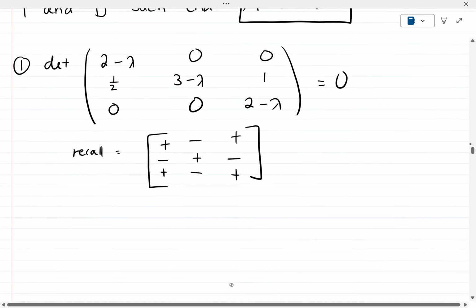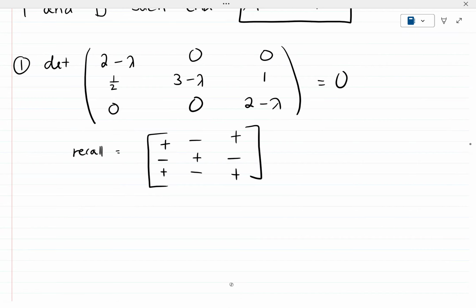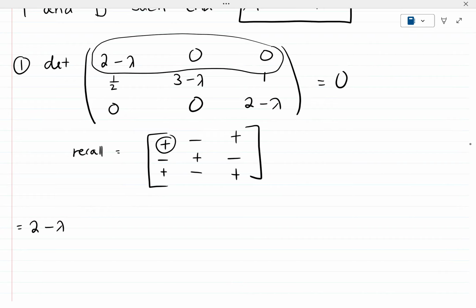Okay, so now you can use any row you like. I'm going to use this row because it has a lot of zeros. And remember, I like zeros because anything times 0 is 0. So this one is a positive, so it's going to be 2 minus lambda, and then create your 2 by 2 matrix. Imagine removing this row and this column, you're left with 3 minus lambda, 1, 0, 2 minus lambda, right?